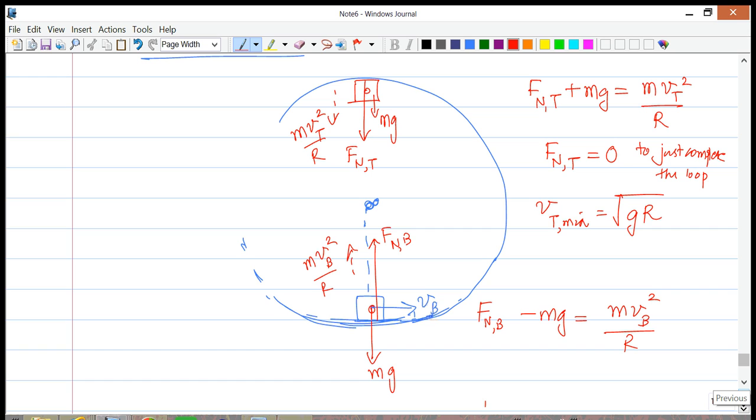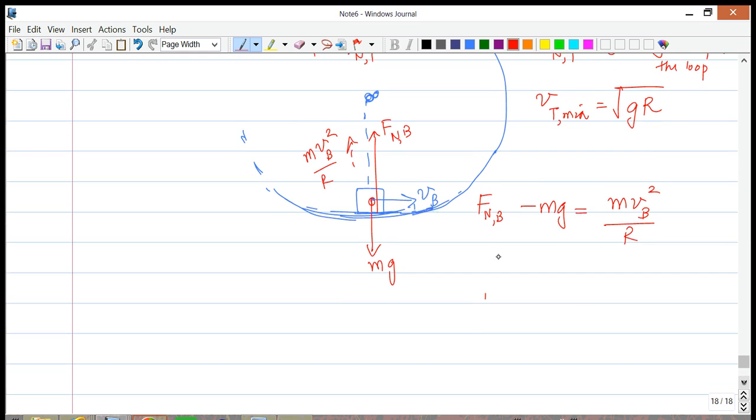This problem is no different than the other one. Now we can use this speed to figure out the minimum speed the object must have at the bottom of the loop so that it completes the loop.